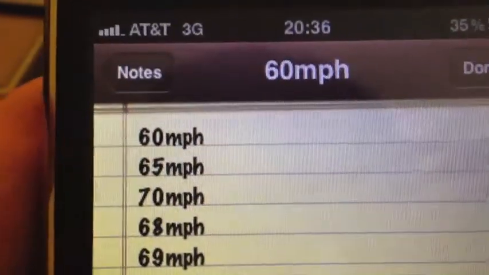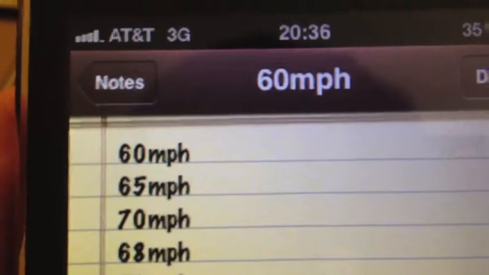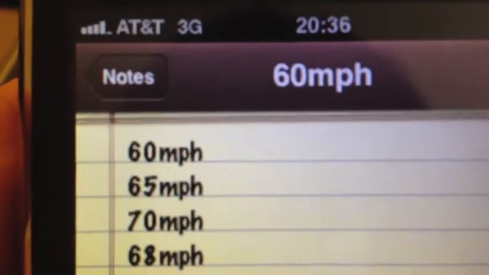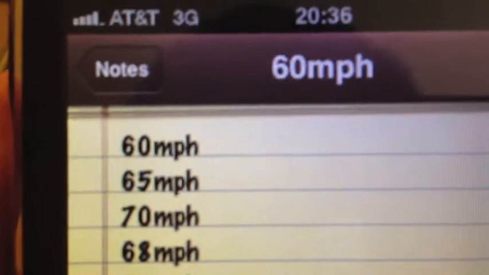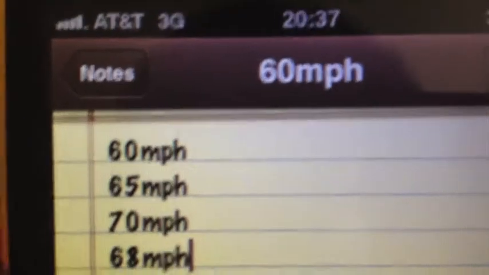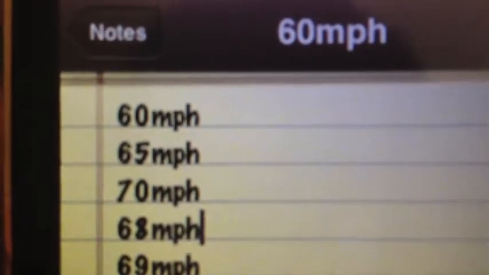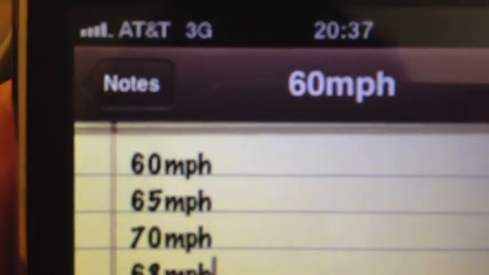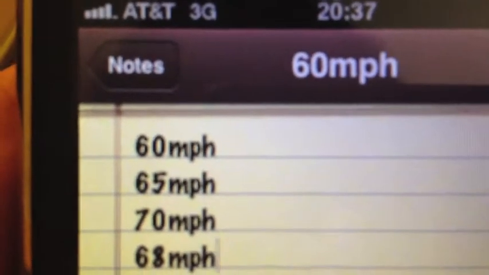Because we were on a bus and it was really bumpy, I used my phone to record the velocity, the speed at the time. At the 5 minute mark, it was 60 miles per hour, and I created a little chart to record this.